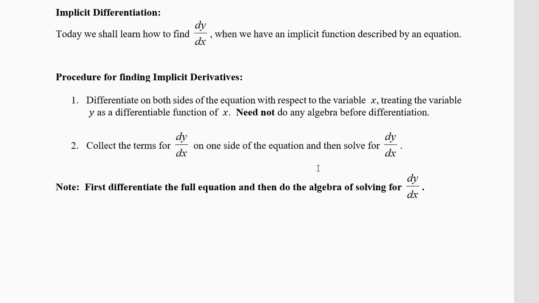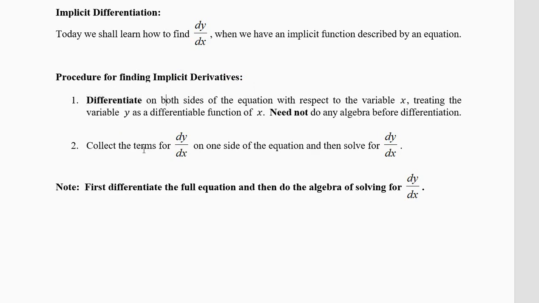Now what's the procedure for finding dy by dx? First you differentiate the full equation on both sides, the left side and the right side. Don't do any algebra. Directly differentiate without worrying about anything. The second step is to write dy by dx on one side and the remaining things on the other side, and solve the simple equation for dy by dx.